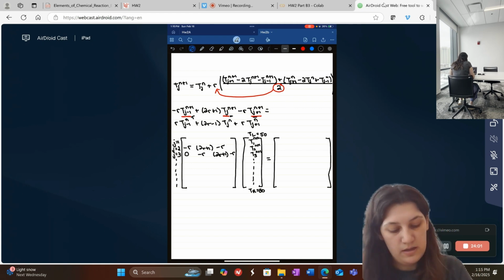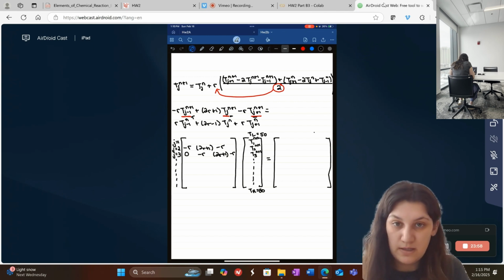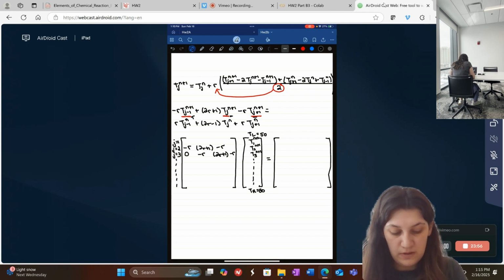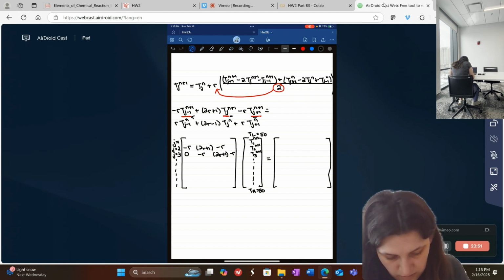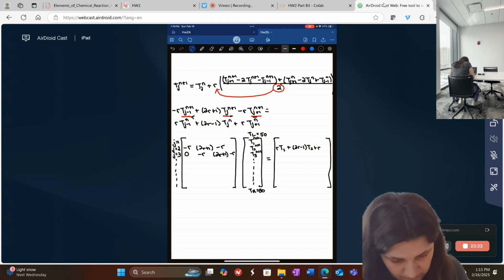Now we can go ahead and fill out the right-hand side of the equation for each of those. So what we'd end up with is r times T1 plus (2r minus 1) times T2 plus r times T3, which would be T^n's for all of those.